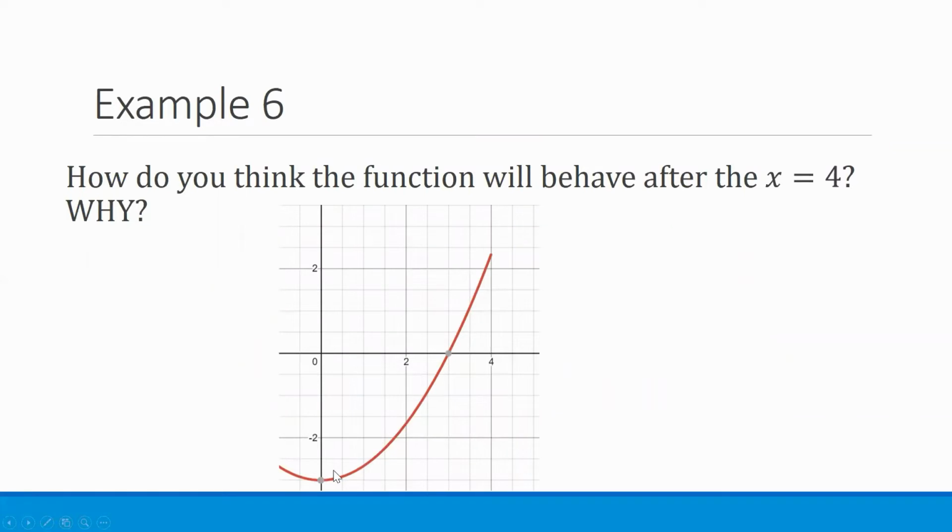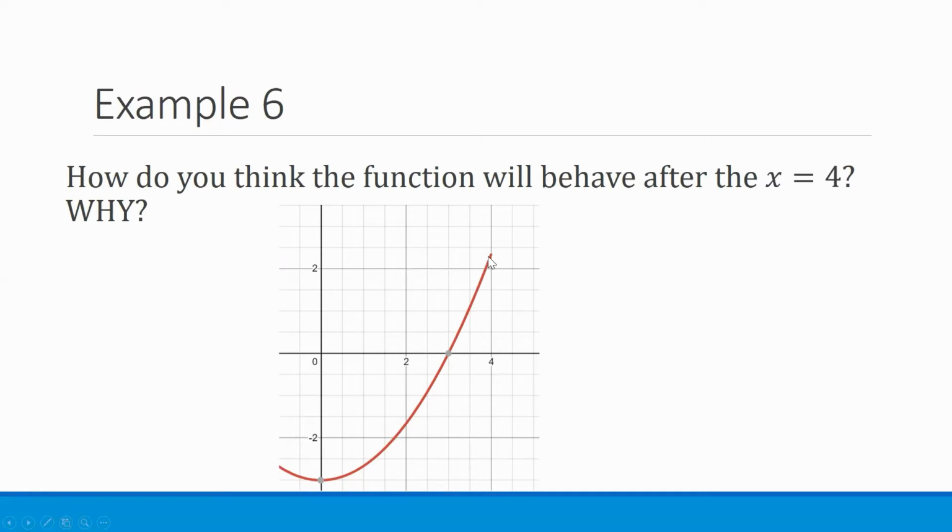Now, how about a more complex function? Well, beyond 4, how is this function going to behave? As you see, the concavity of this function right here looks to be always positive. Looks like we have positive concavity, although you never know what's going to happen beyond.